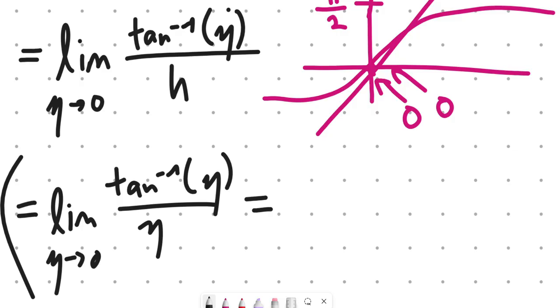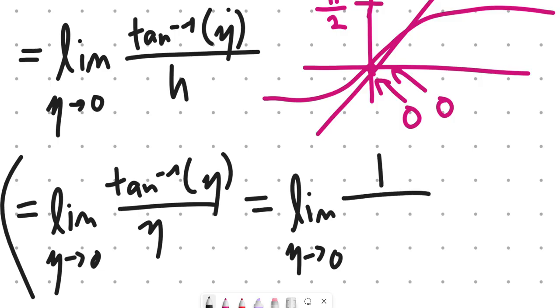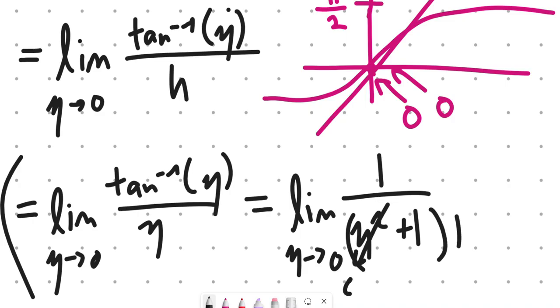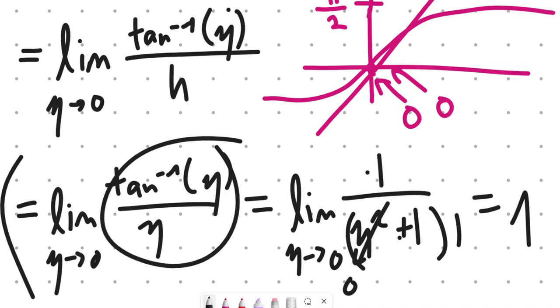We can use this as the limit as eta approaches 0 of 1 over eta squared plus 1 times 1. So eta will approach 0, and 1 over 1 will give you 1. So this whole thing will give you 1. And since 1 will really simplify the limit, we would want to have inverse tangent of eta over eta. How can we do it?